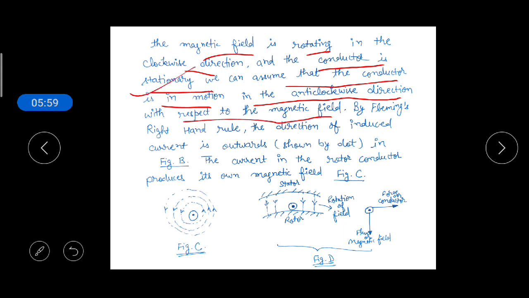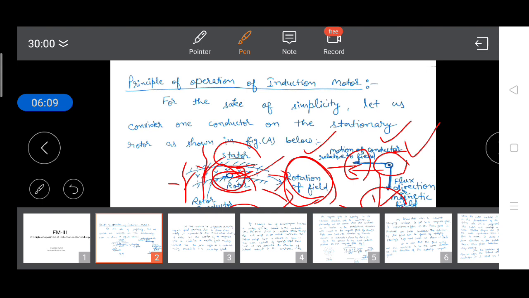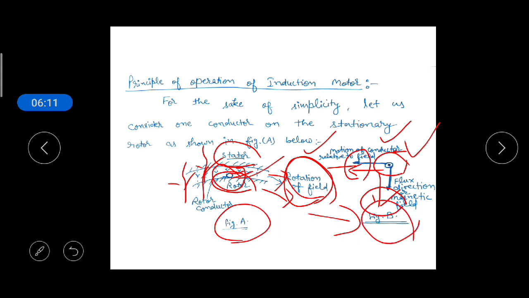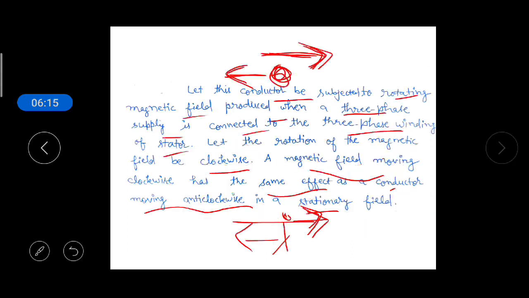Then by Fleming's right hand rule, the direction of the induced current is outwards, as shown in figure B. As shown in figure B here, outwards.